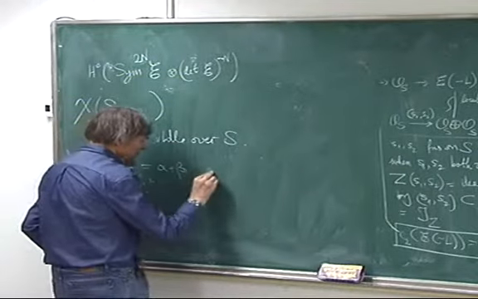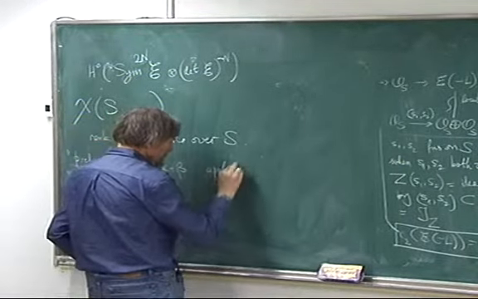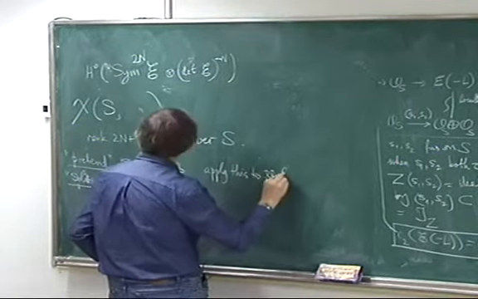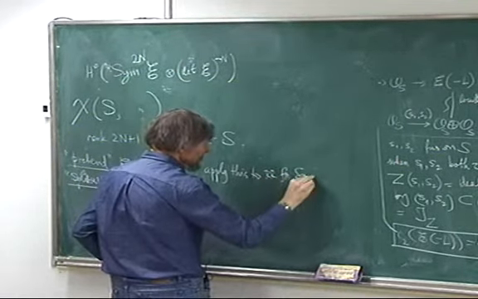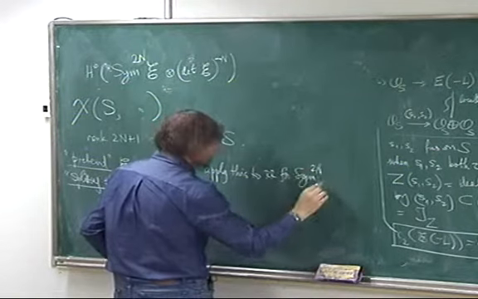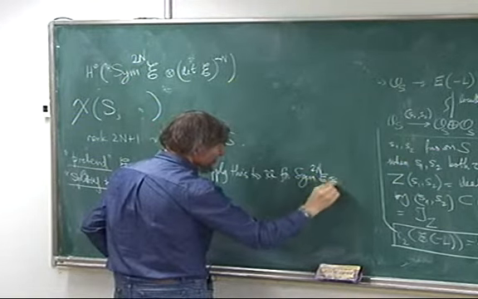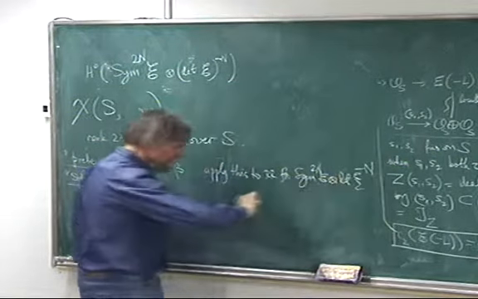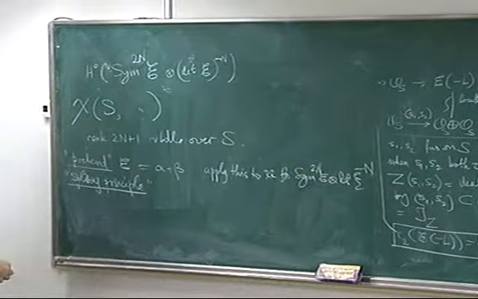So apply this to Riemann-Roch for the Sym 2n E tensor determinant E to the minus n. So what do we have to do?